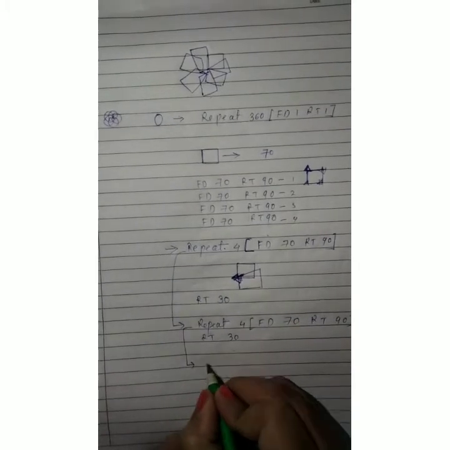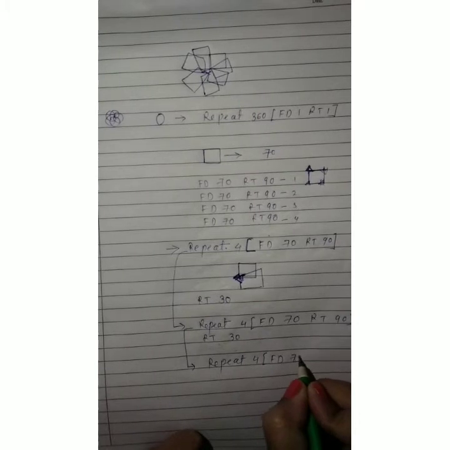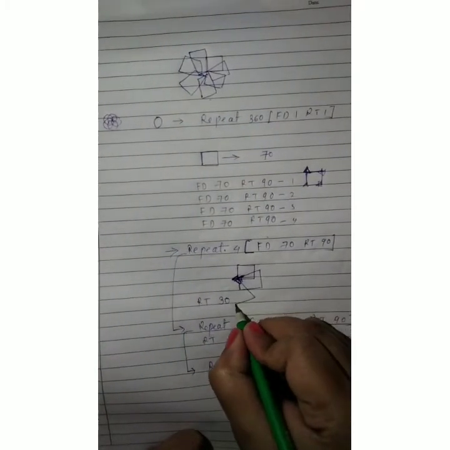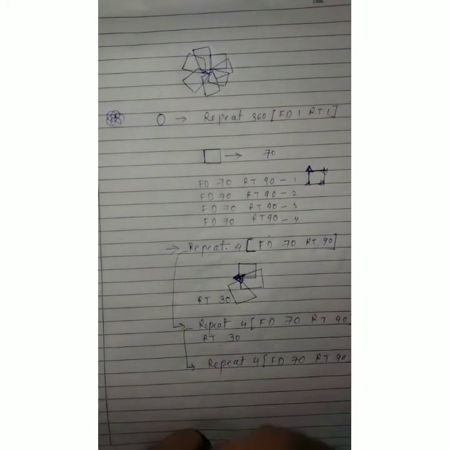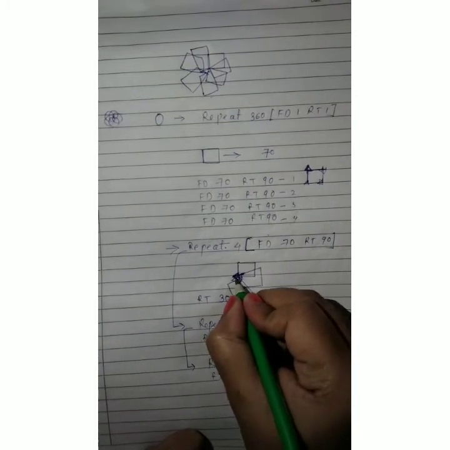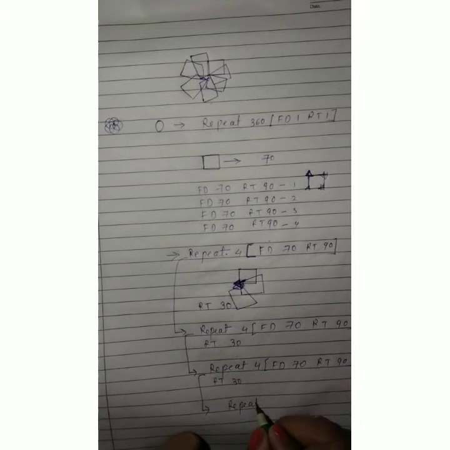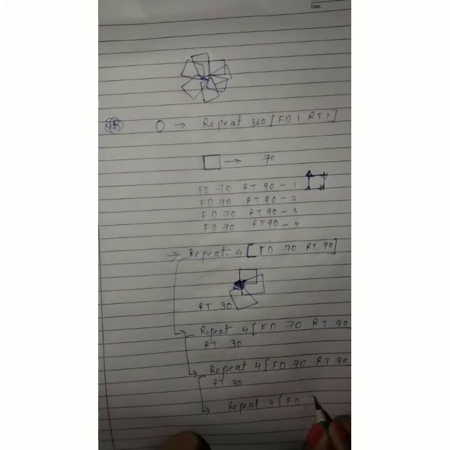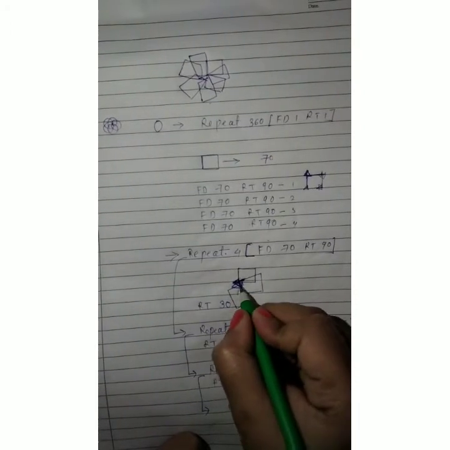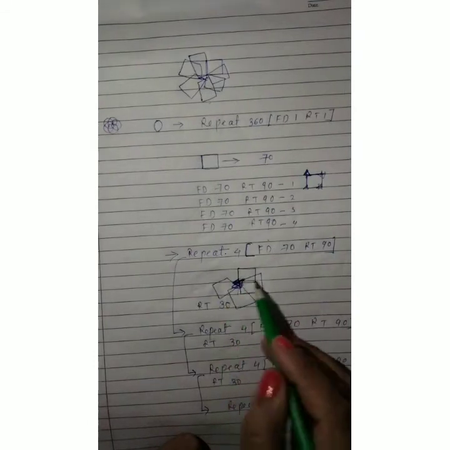Again I will write repeat 4, FD 70, RT 90. Again I will write RT 30, and the same command, repeat 4, FD 70, RT 90. Like this we can make this type of pattern.